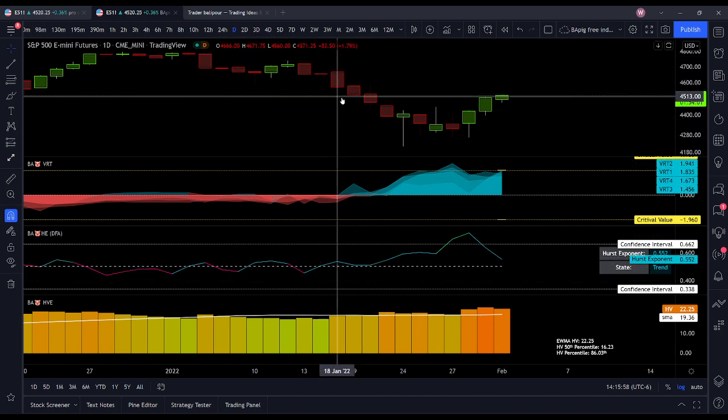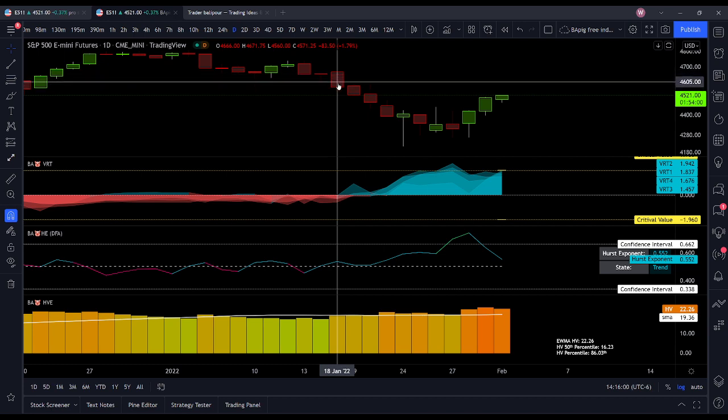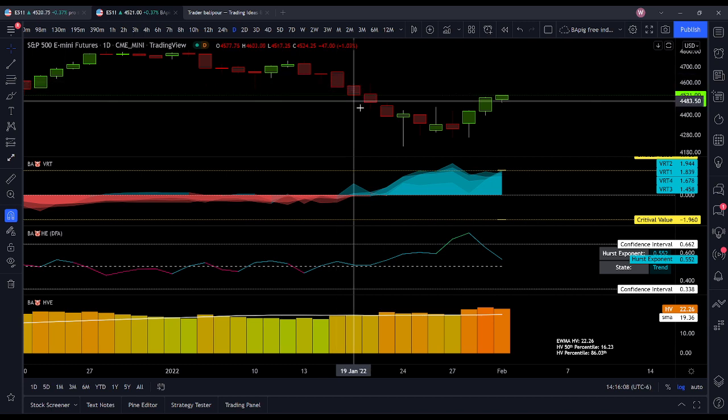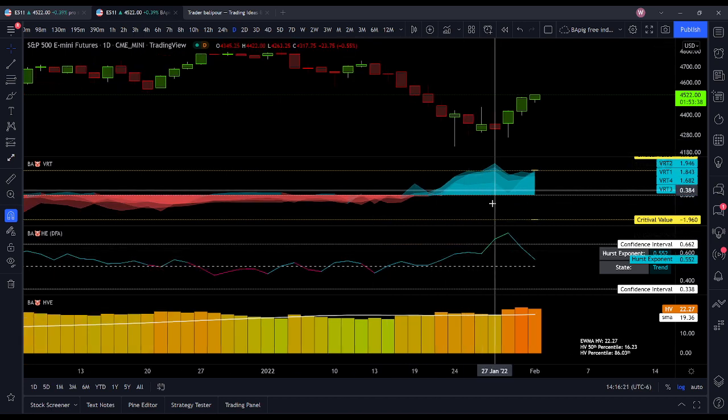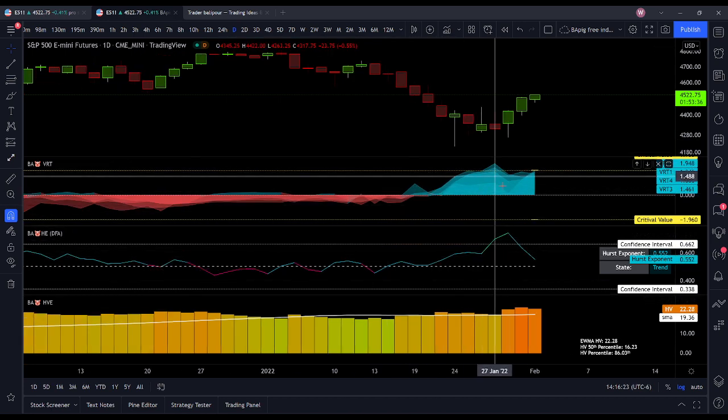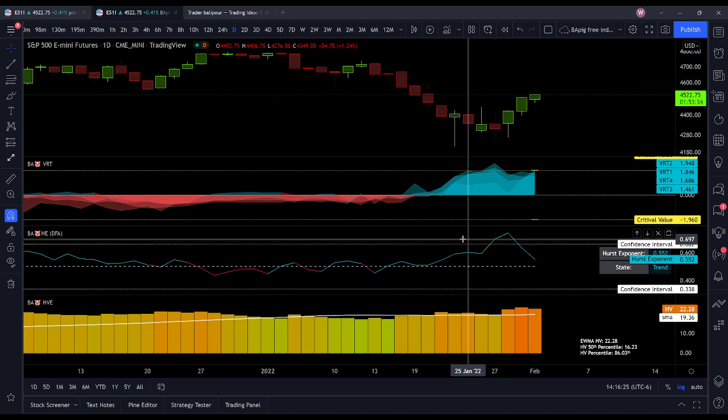A return is that price movement and that percentage change. That's what I'm talking about when I'm saying returns. So this candle right here had a negative $85 return, or 1.89% negative. So we've got some indicators right here to tell us about market state, and we can continue.